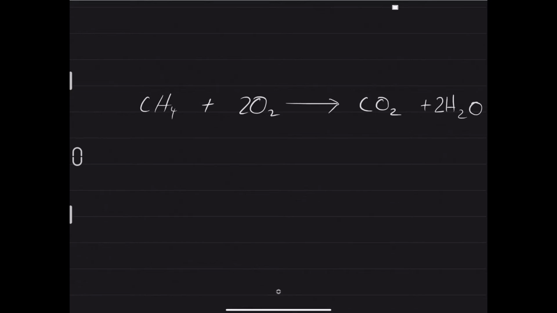But this third one is where I want you to pay particular attention, because this comes down to the concept of the mole. Now, 1 mole of methane molecules and 2 moles of oxygen molecules react to yield 1 mole of carbon dioxide molecules and 2 moles of water molecules.